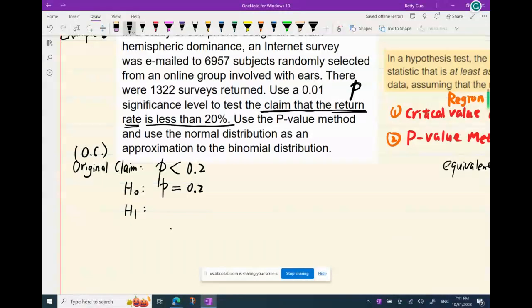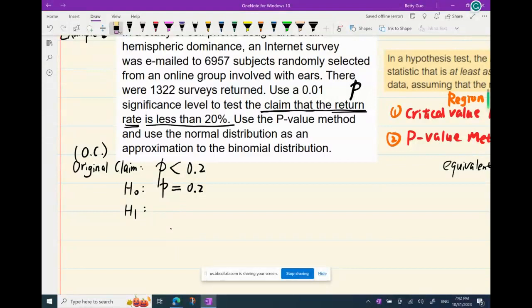And what about H sub 1? How do we know H sub 1? Remember, the original claim must be the same as one of the two hypotheses, either the same as H sub 0 or the same as H sub 1. Since in this case the original claim is different from H sub 0, it has to be the same as H sub 1.